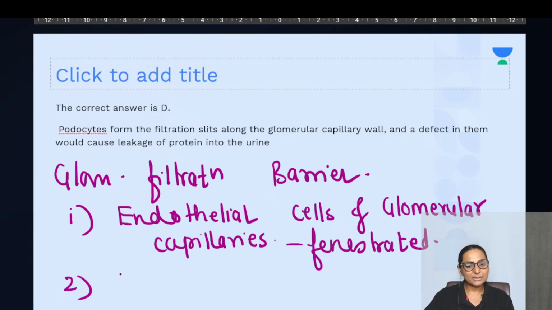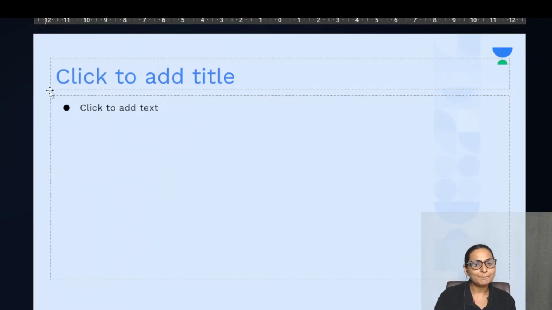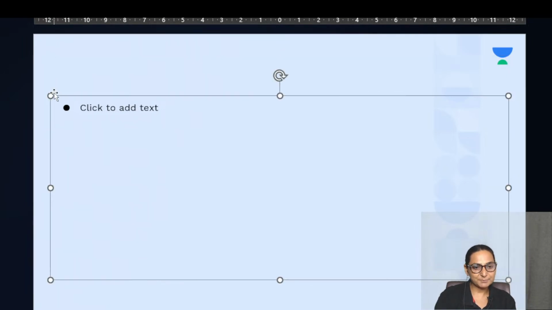The second important layer is that of the basement membrane. This basement membrane has spaces which can allow particles of around 25 nanometers to pass through.